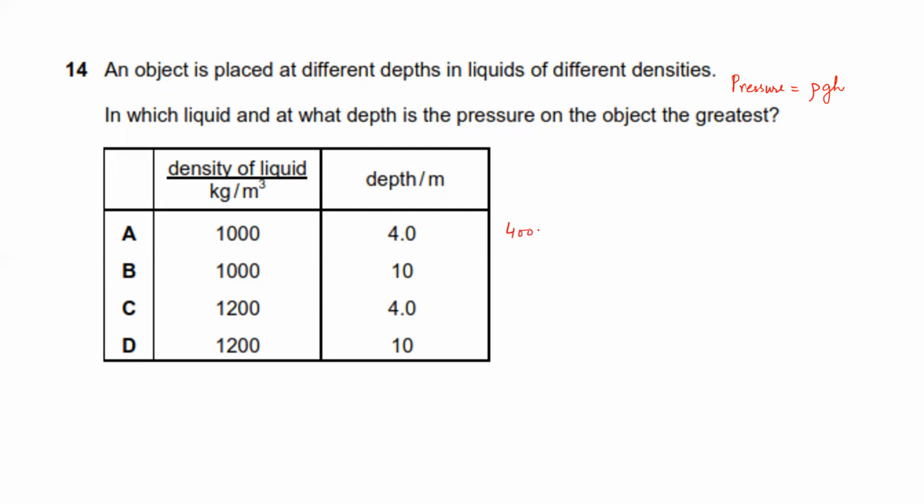So this is 4,000, this is 10,000, this is 4,800, and this is 12,000. Amongst them, this is the most value, and G, if it's constant, means that this value is the best choice we have, and that is the most pressure at that specific depth.